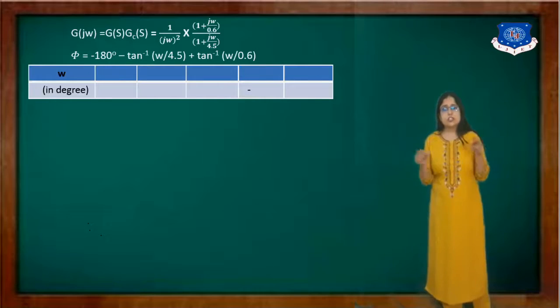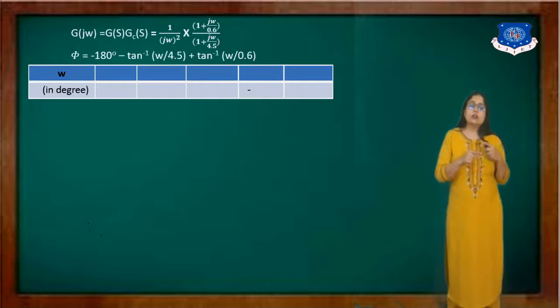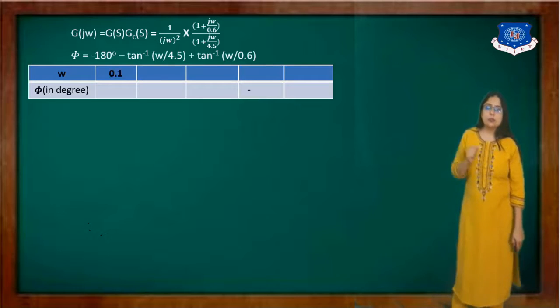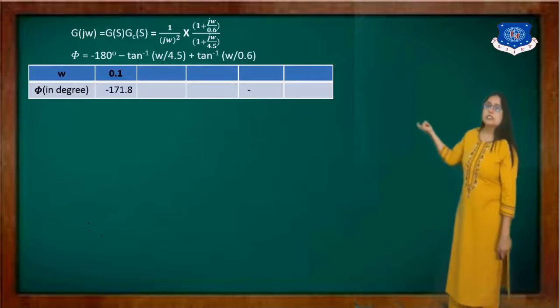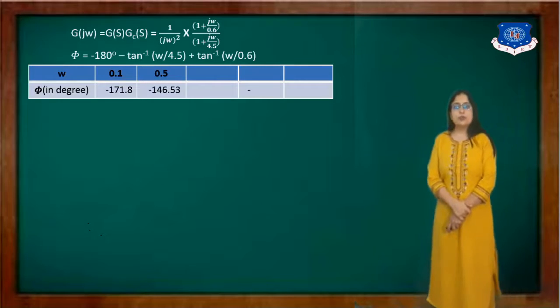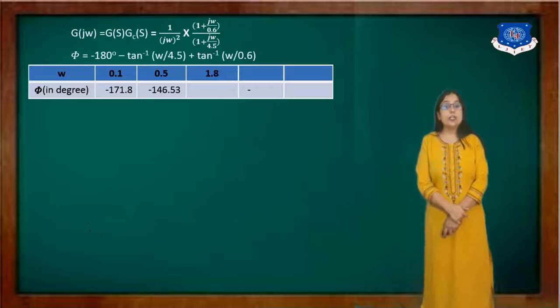You have to write this equation in the calculator and substitute different values of omega. What we do in this control system. So first 0.1. Answer is minus 171.85. Then 0.5 is minus 146.53. Then why 1.8?